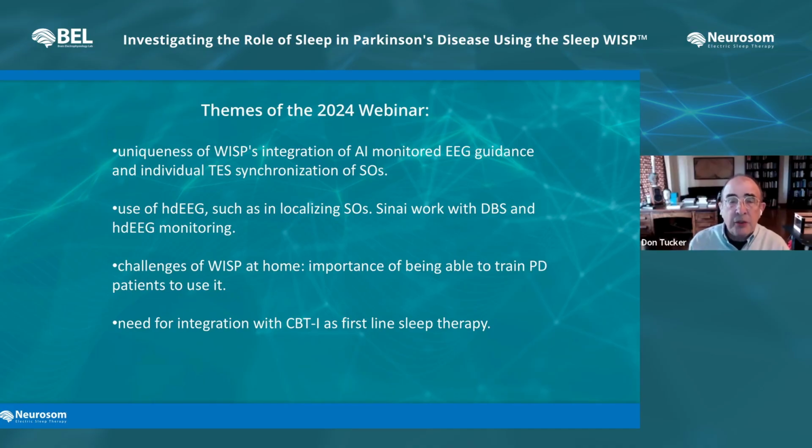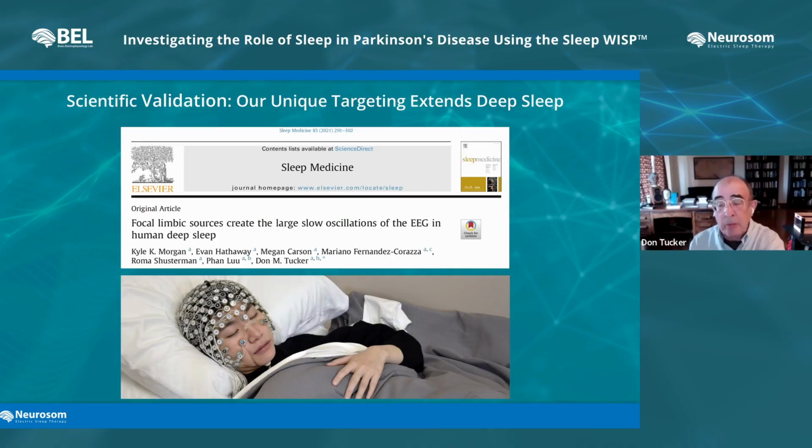Now, part of the classic background here is to understand the slow oscillations. This is where the high-density EEG research has been an important part of this framework, because by using high-density EEG, we were able to localize the slow oscillations of sleep, which are particularly strong in the limbic regions.